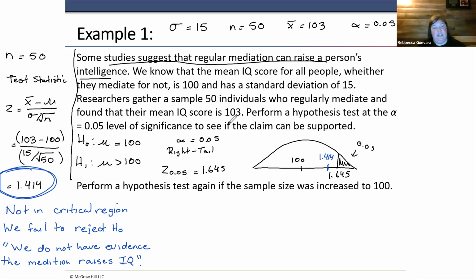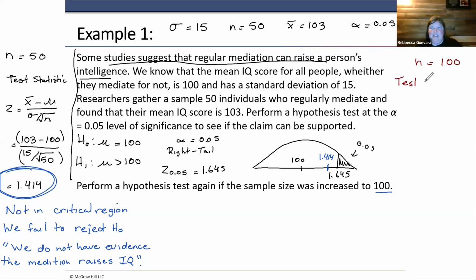So the second part of this, we will perform this hypothesis test again with a sample size of 100. So when I do my test statistic, let me pick a new color here, just because I already wrote in blue and we don't want too much blue on here. My sample size is 100 now.